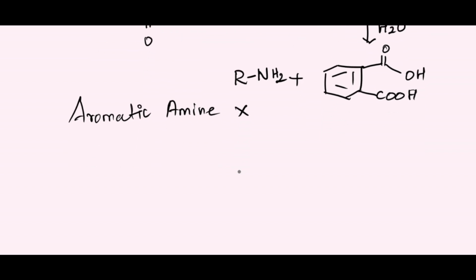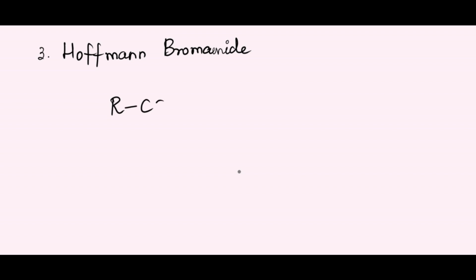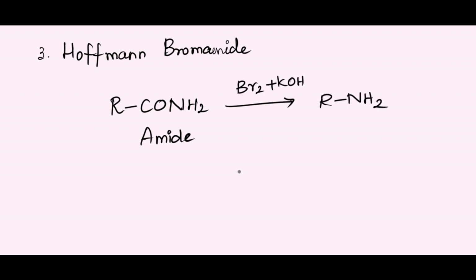Okay, so the next reaction, what I told, that is the Hofmann bromamide reaction. It is a simple reaction. I am taking an amide, or CONH2, to produce amines, which is very suitable for primary amines only.